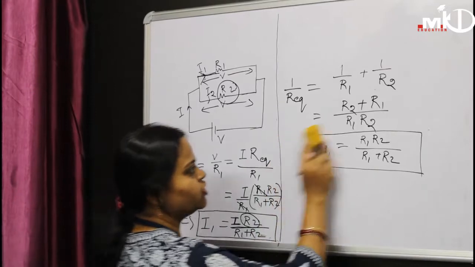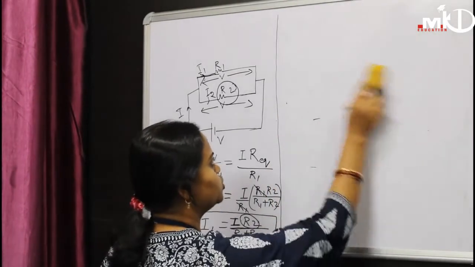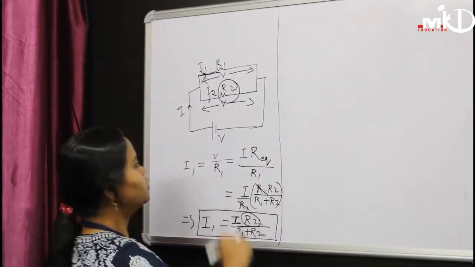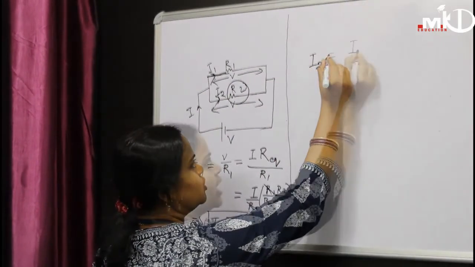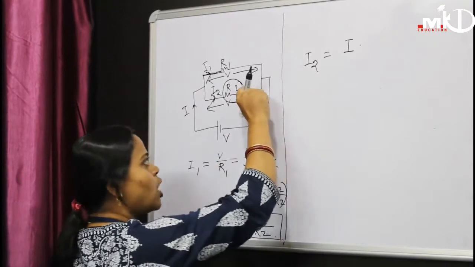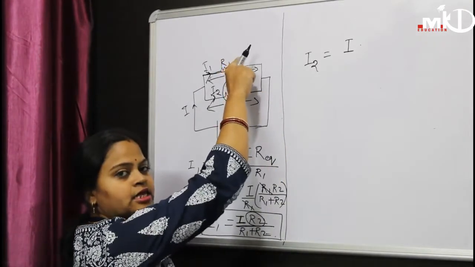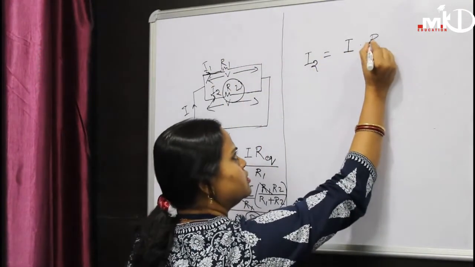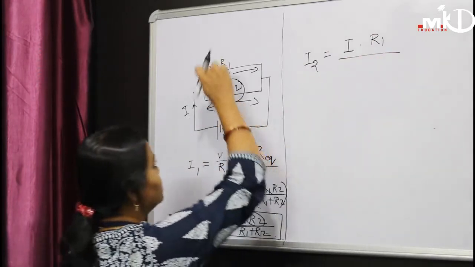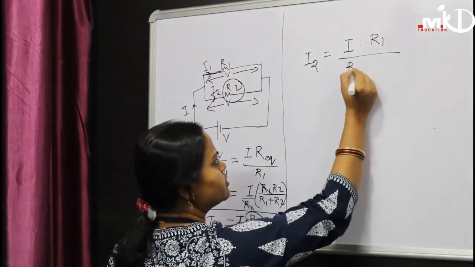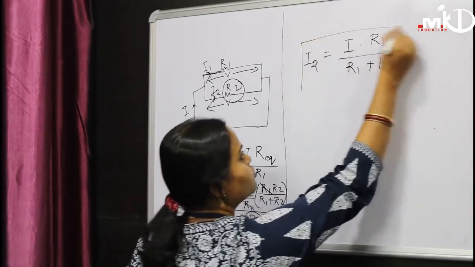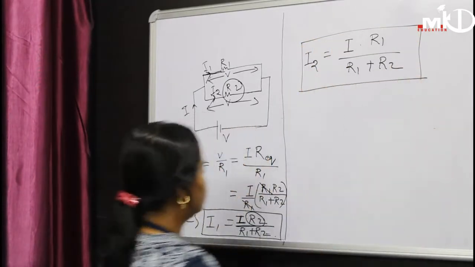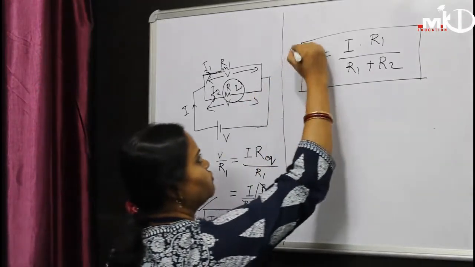Similarly, if we find the value of I2, for branch 2, I2 is equal to I into the opposite resistance, that is R1, divided by the total resistance, R1 plus R2. We have to simply remember this formula for the value of I1 and the value of I2.